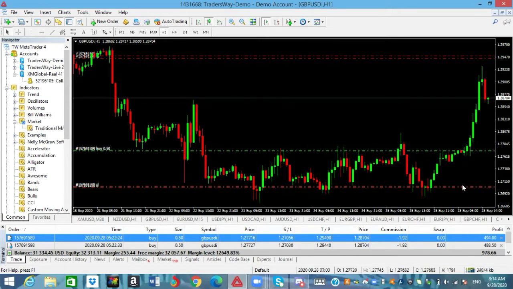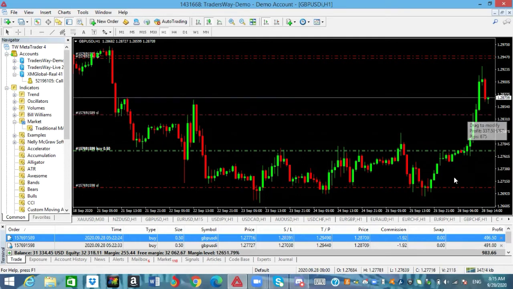I'm gonna left click on my mouse, and I'm gonna drag my stop loss all the way right here. And then I'm gonna do the same thing for the next one.